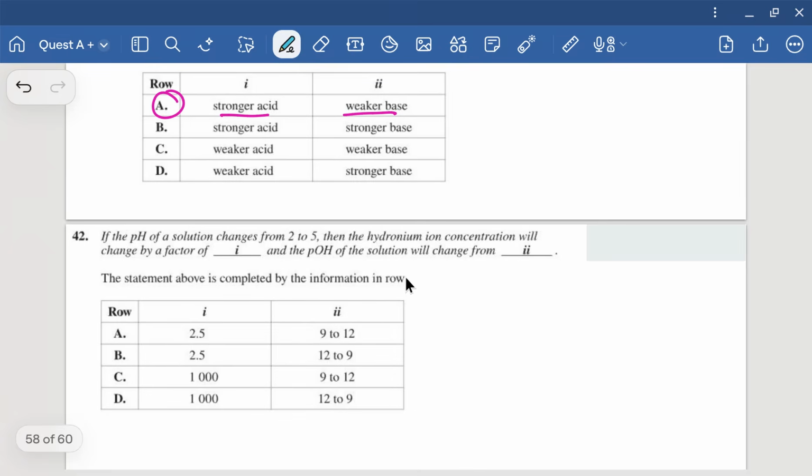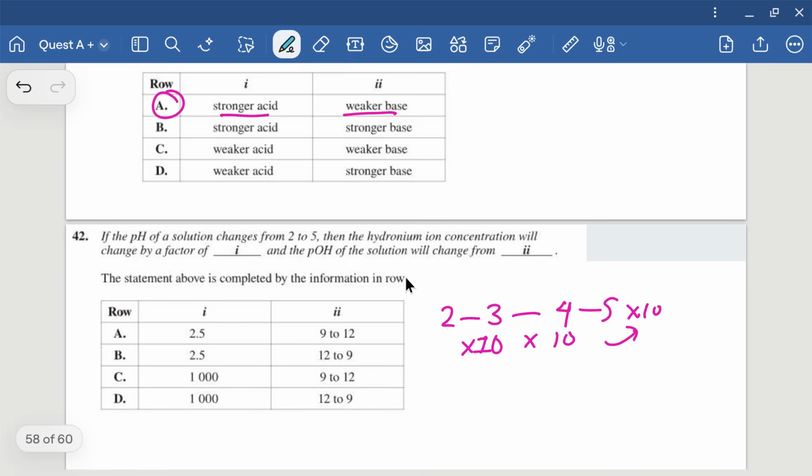Here asking how your pH is changing from 2 to 5. How will the hydronium ion concentration change? Every time you move up 1 on the pH scale or down, you're changing by a factor of 10. So if you're going from 2 to 3, you're timesing by 10. Times by 10 again, and lastly, times by 10 to get to 5.